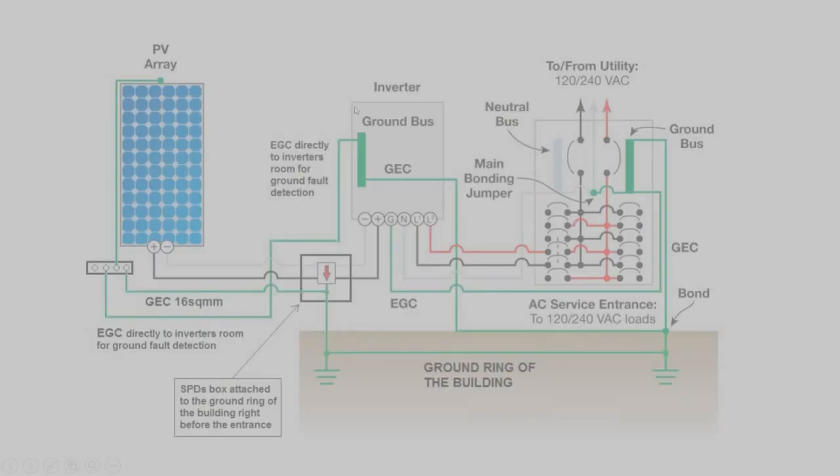Now let's look at this wire diagram here. Let me get my laser pointer out. We have our grounded module frame going onto a ground bar. So this might be inside a PVC box.